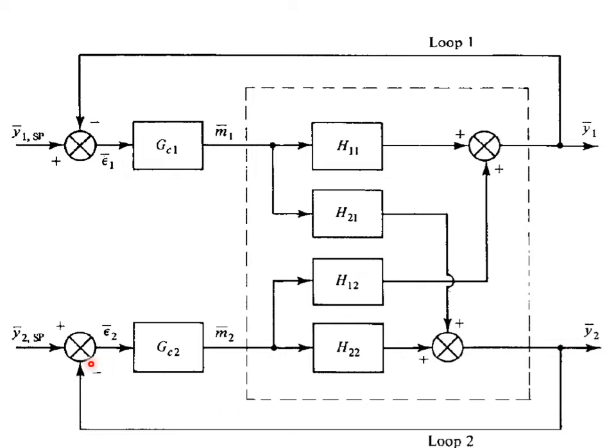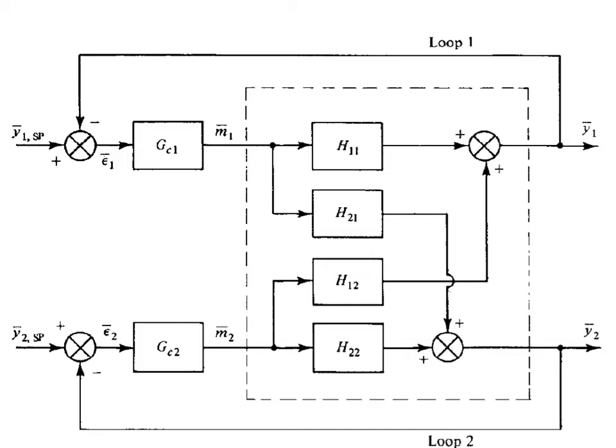And similarly, any change in set point over here is not only going to affect Y2, but is also going to change Y1. And this kind of interaction is very dangerous, in the sense that it complicates things to such an extent that the equations become very heavy and the control becomes very difficult, as we are going to see in the forthcoming slides.